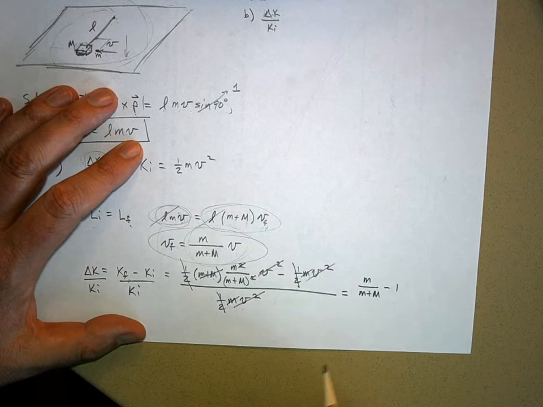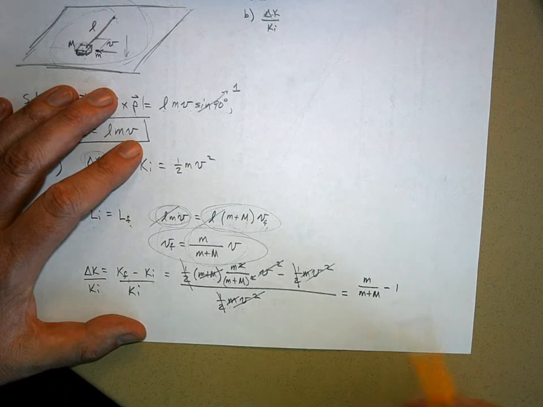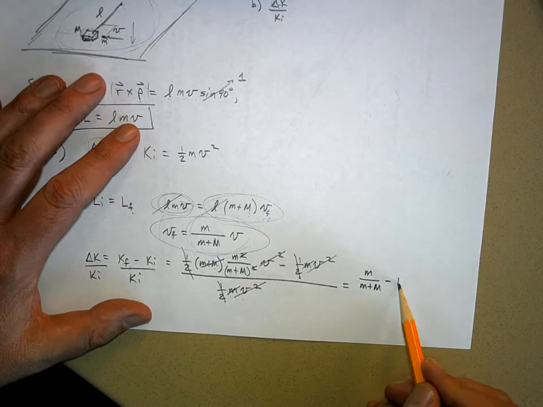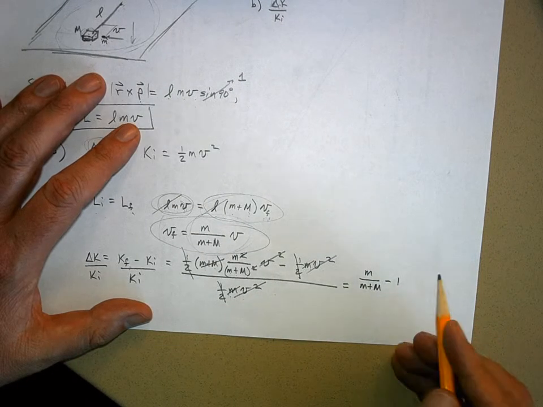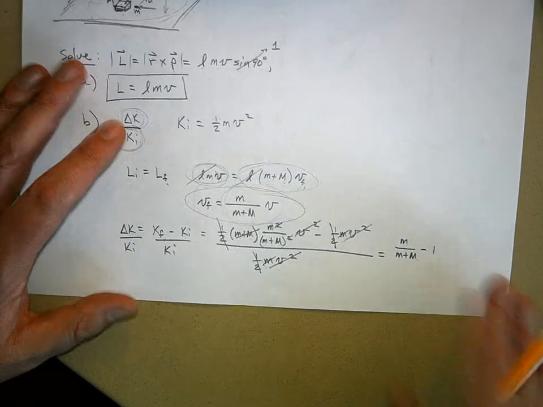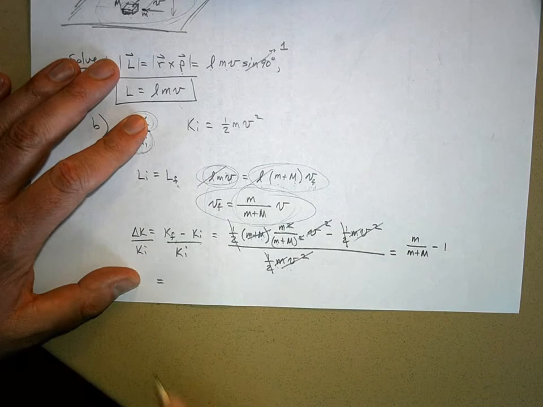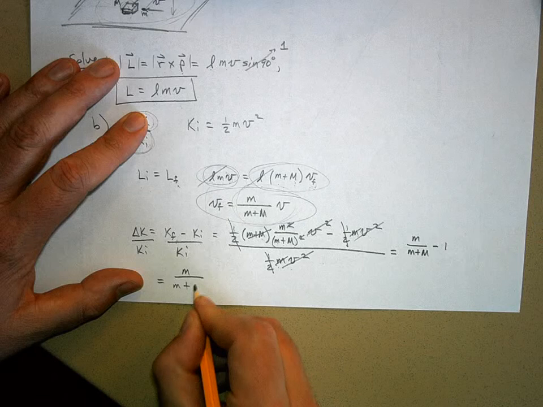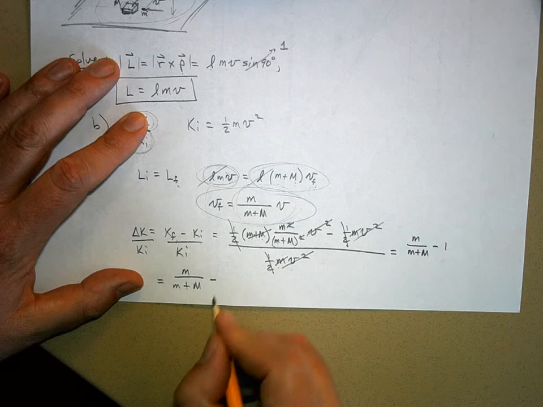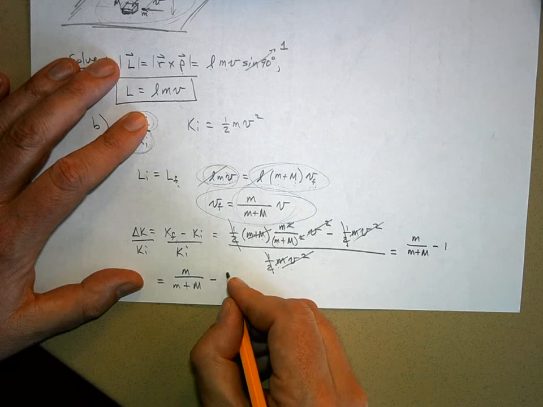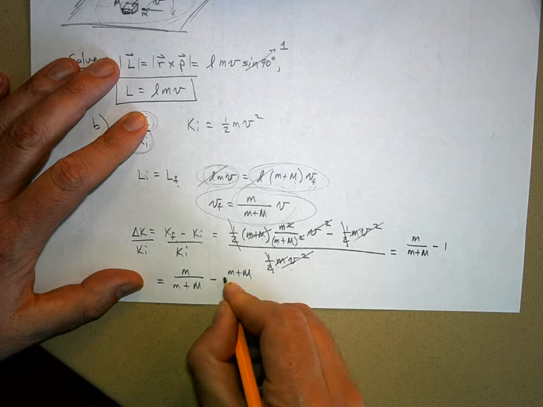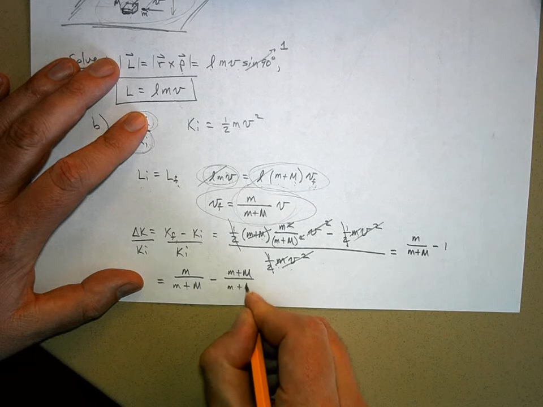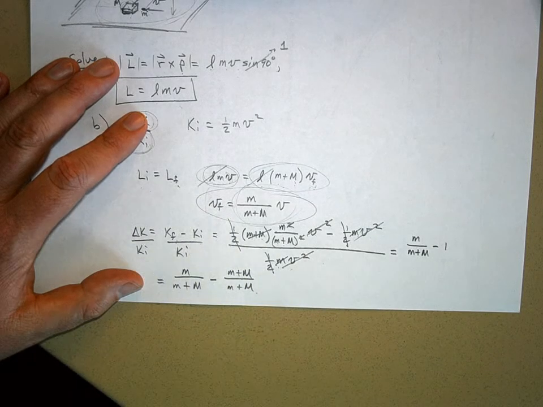1. Now, you could leave it like that, but the book isn't going to leave it like that. Okay? What it's going to do is put a common denominator here. So let's simplify this a little bit more. That's going to be equal to m over m plus big M minus m plus big M over m plus big M, right? That's 1.